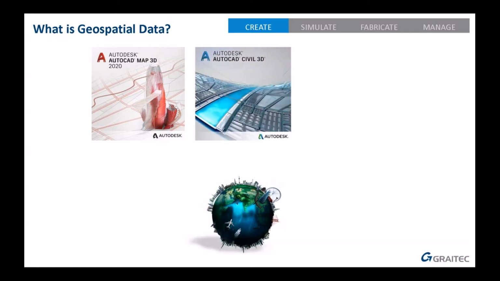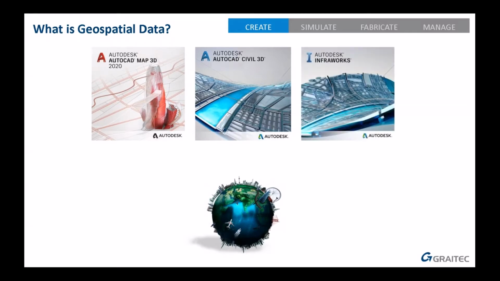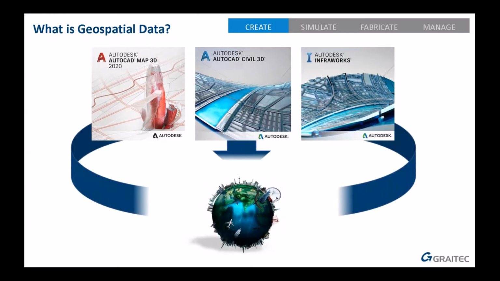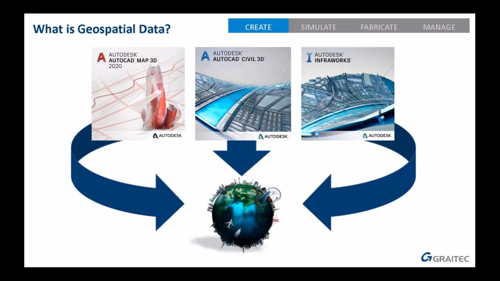Civil 3D, for all you civil users, has got AutoCAD Map 3D built into it. I'll show you how to access that. And InfoWorks. InfoWorks, at its heart, is actually a geospatial database. That's what it really is. All of these can interact with your digital world, whether that be Esri shape files or MapInfo files or whatever.